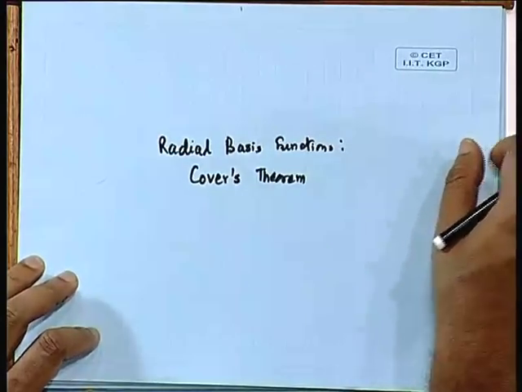But before we begin this topic, there are one or two discussions that I wanted to have related to the backpropagation algorithm. We have been seeing several aspects of the backpropagation algorithm so far, and one of the things it has to take care of is the question of generalization.